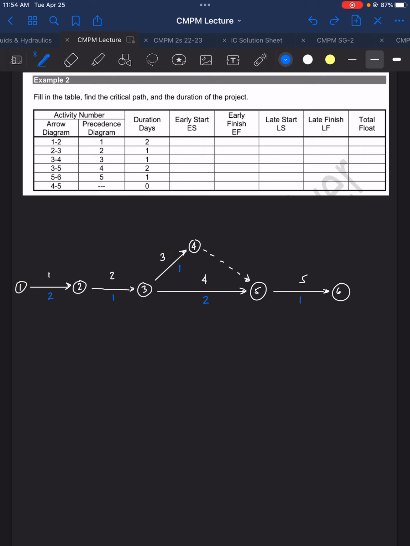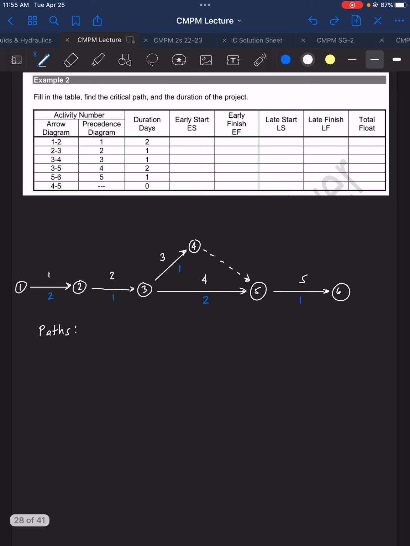So what is the question here? Find the critical path. In this pattern, how many paths do we have? Let's write them here. The first path is 1, 2, 3, 5.